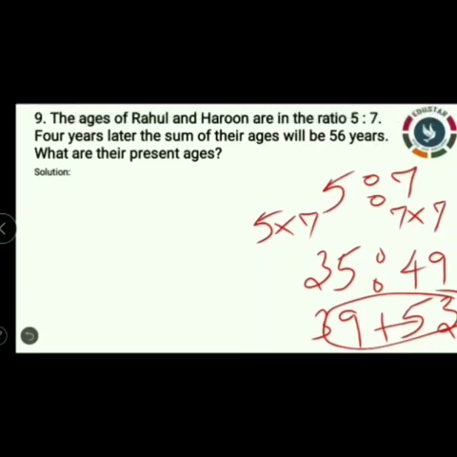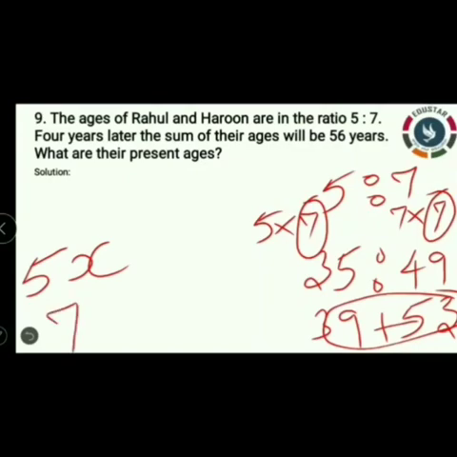So first we are going to find the value of x. I will take Rahul's age as 5x and Harun's age as 7x.